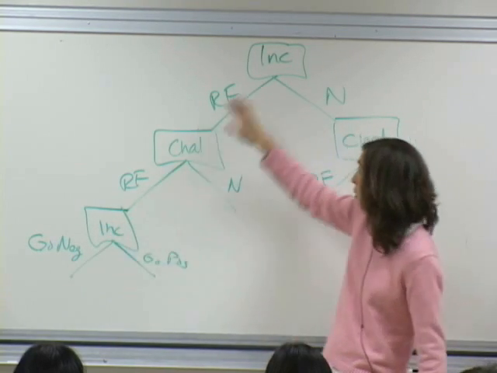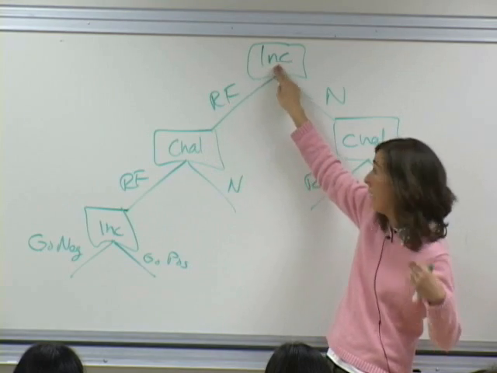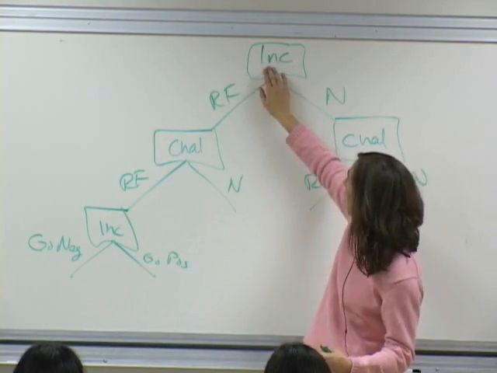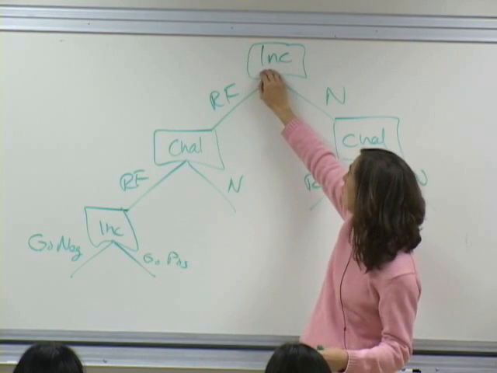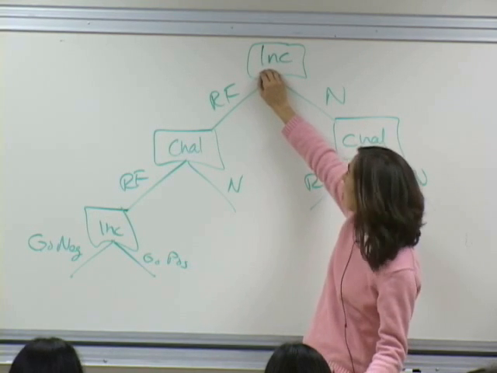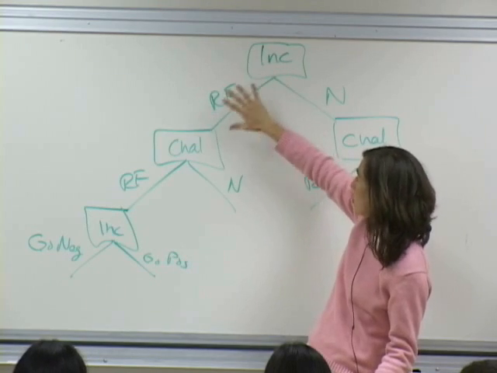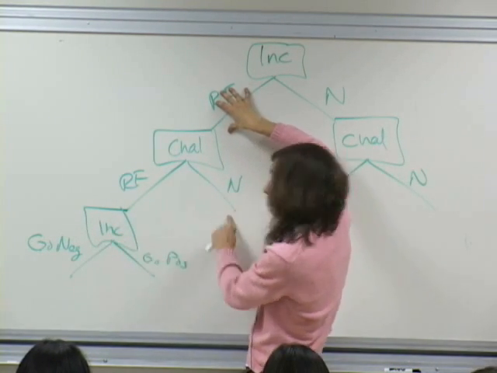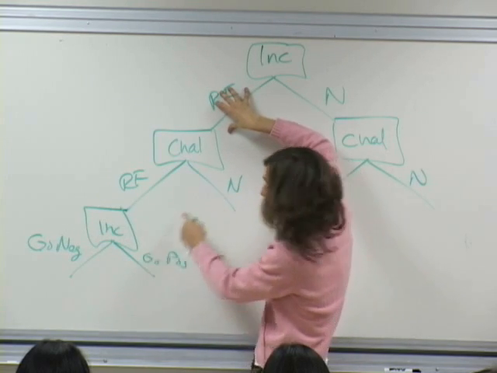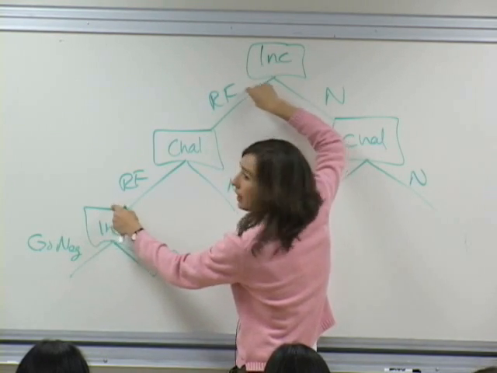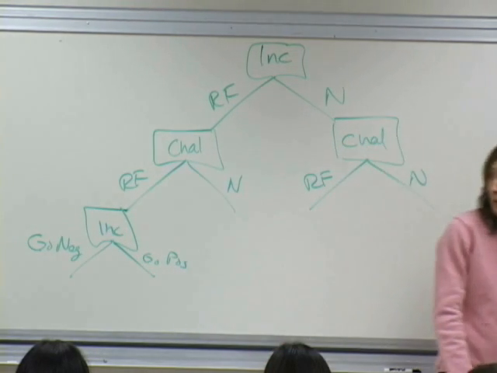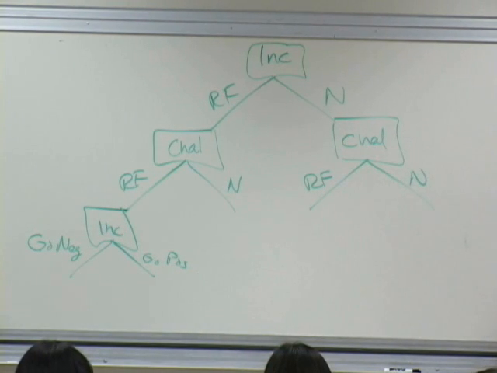The first mover's equilibrium path could have just one action, because this node might not be on the equilibrium path. But it's also possible we could go down here, in which case the incumbent's equilibrium path would have two components. So there are a lot of different possibilities.